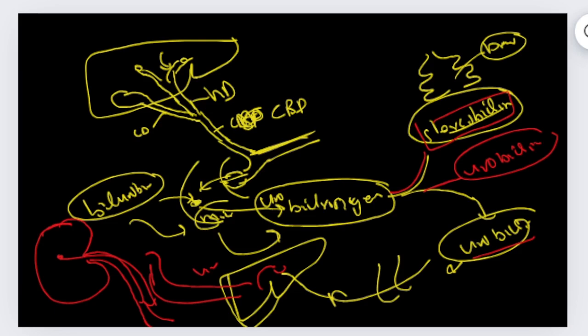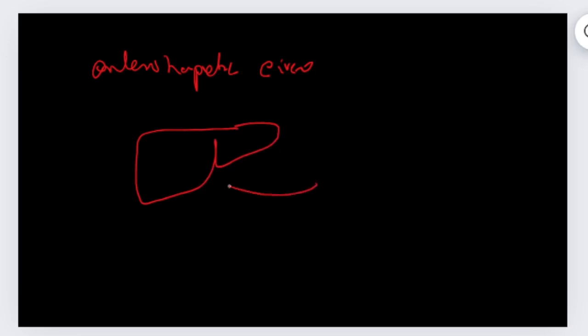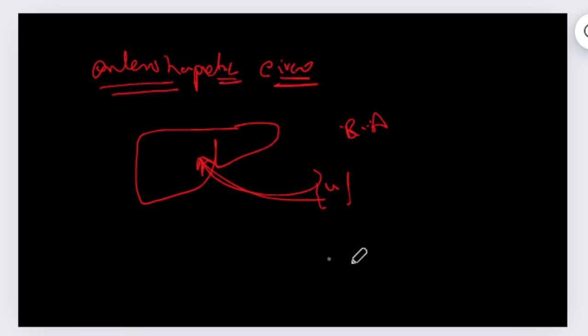This is the enterohepatic circulation, which also applies to bile acid. So this is the simple mechanism I have explained to you.